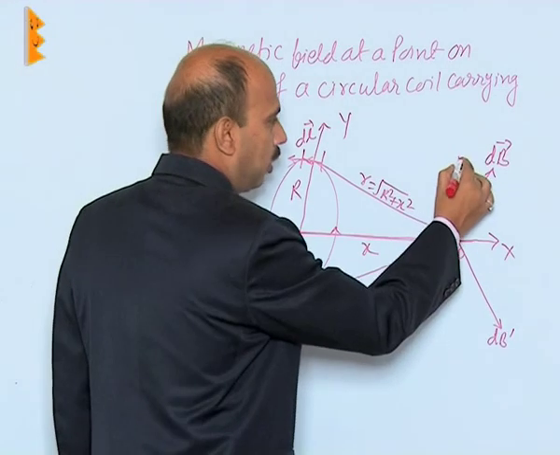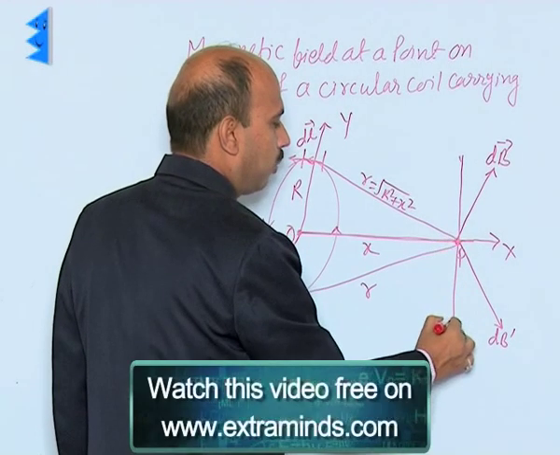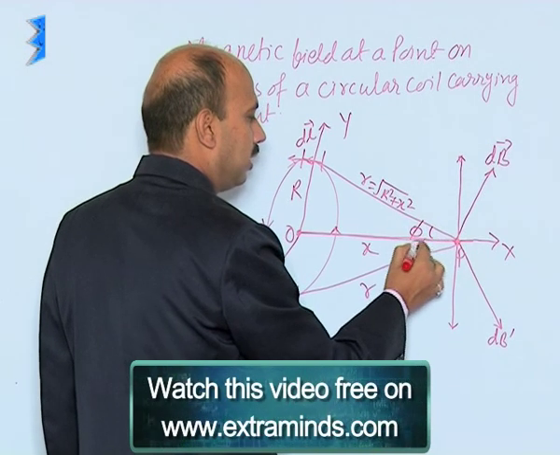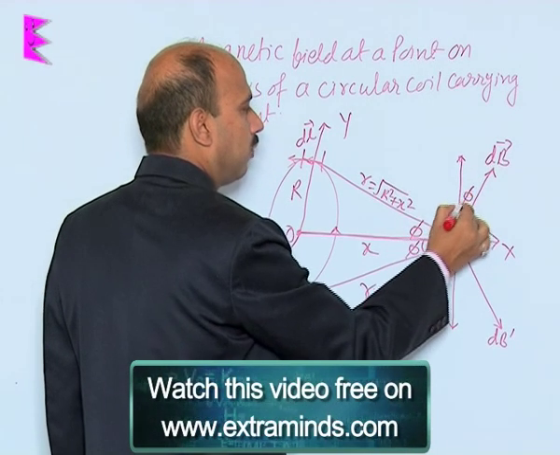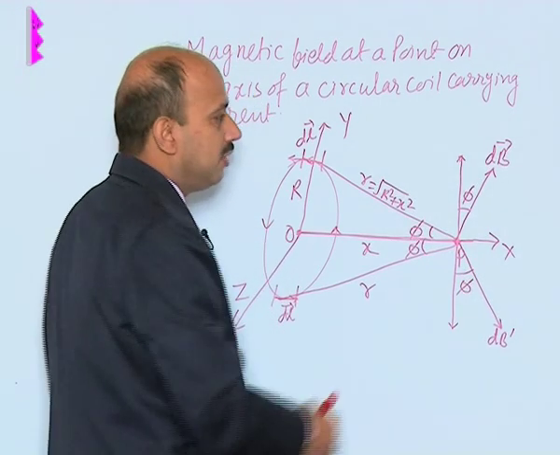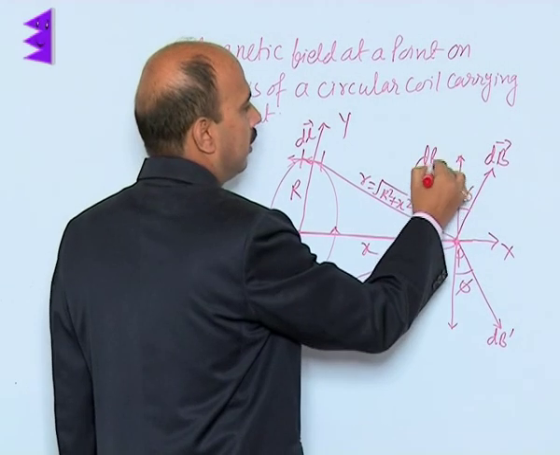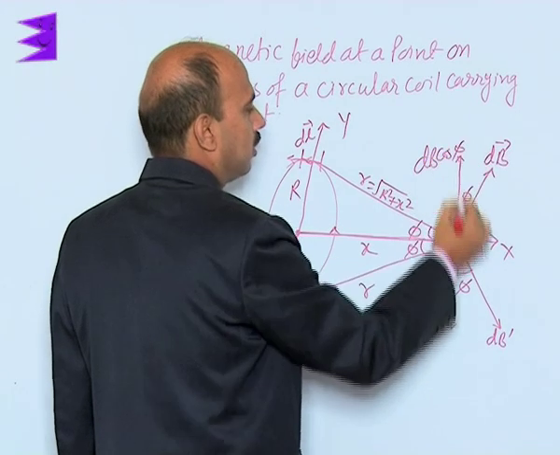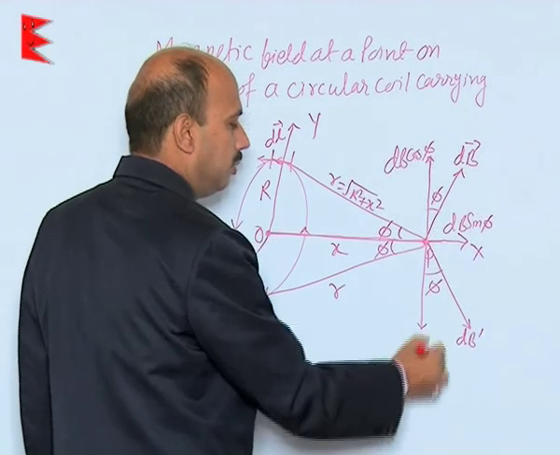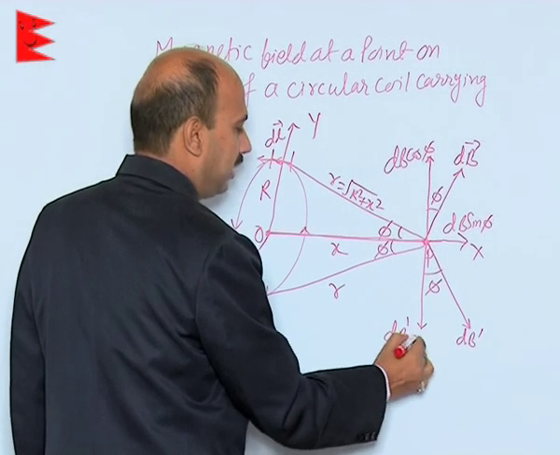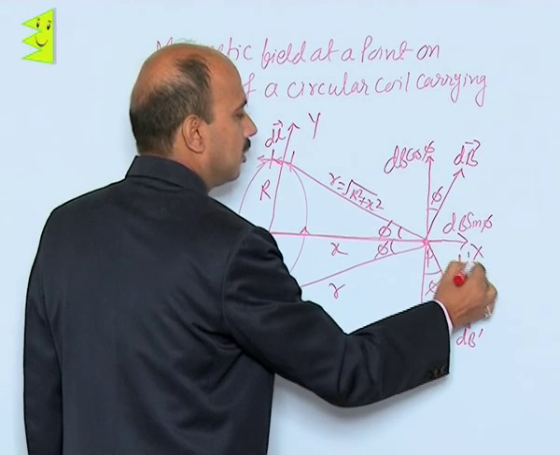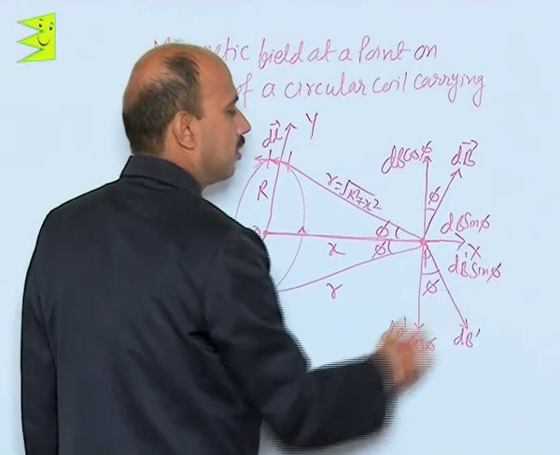Now we can draw this as x y axis here. This angle is phi, this angle is phi, so this is also phi and this is also phi. This has two components: dB cos phi to here and dB sin phi to this side. Similarly, dB dash cos phi to this side and dB dash sin phi to this side.